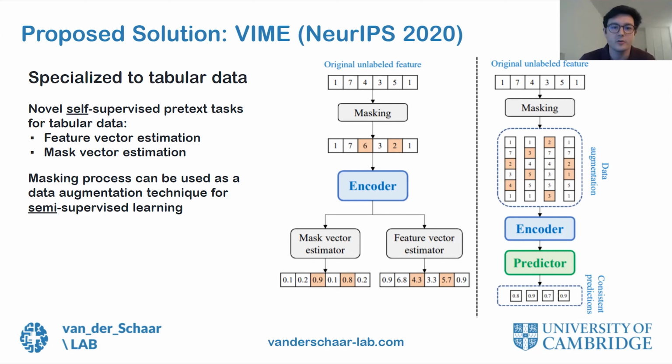We then train an encoder model to predict which values were corrupted and what their original values were. Now, in order to do this, the encoder must learn how the features are related to each other, and thus must learn the inherent structure of the data to perform these tasks, which will then make learning on the labeled data easier.